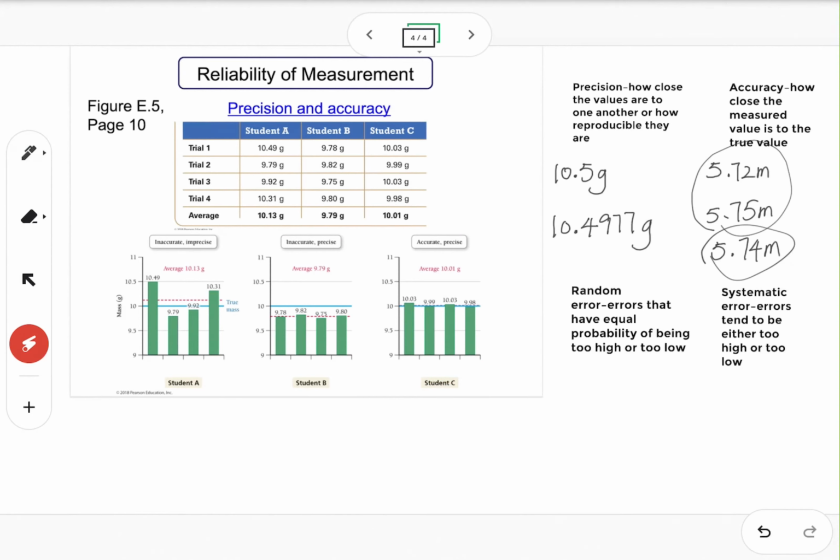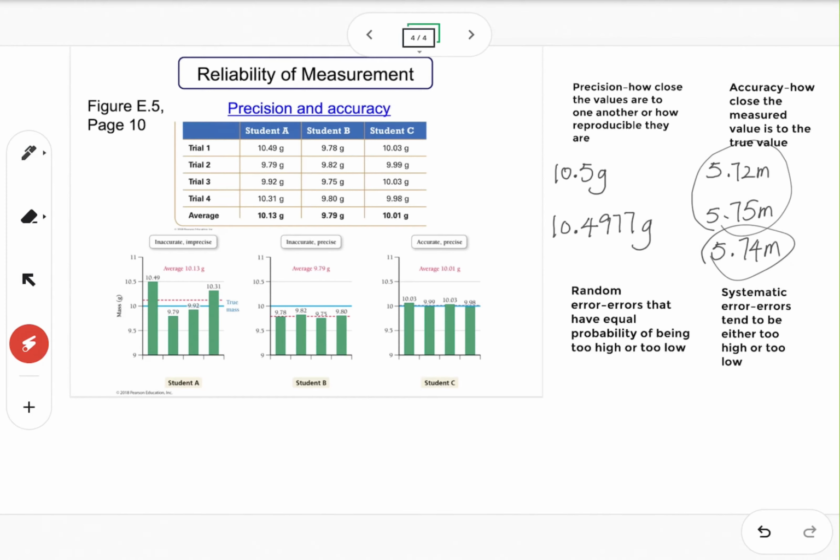For student A, here you have 4 columns. B and C still have 4 columns. But if you take a closer look, for student A, 2 of them are higher than the true value, the true mass of this object.